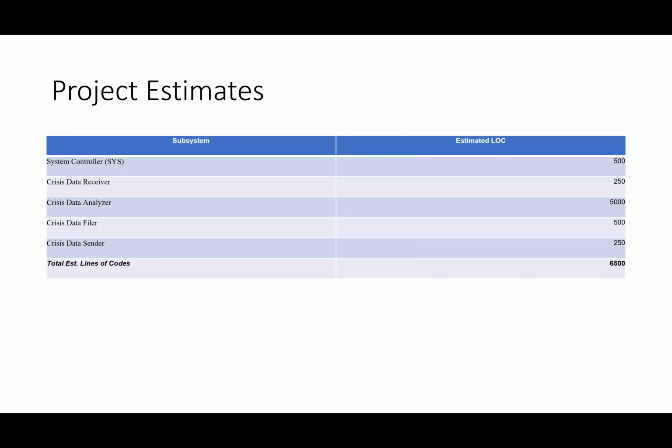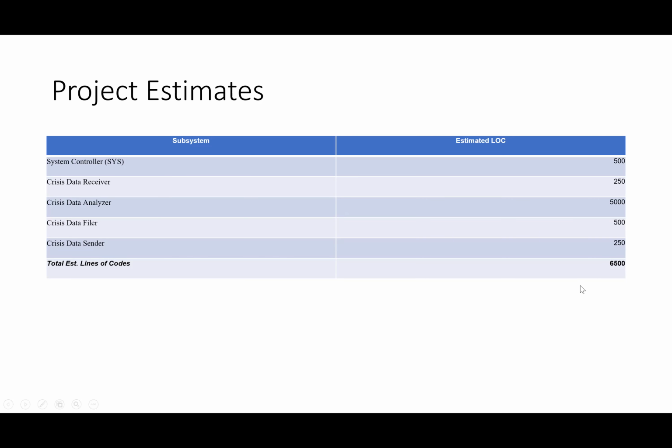The crisis data analyzer, which is going to be the main part of this software, analyzing and categorizing the events, making sure that they're life-threatening, etc., will have 5,000 lines of code. The crisis data filer will have 500 lines of code. And then the crisis data sender to the first responders will have 250, with a total of 6,500.